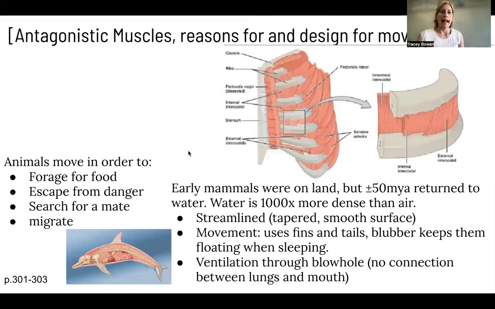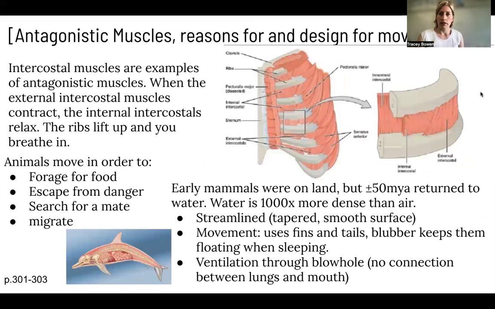So antagonistic muscles are muscles that work opposite one another. So your bicep and your tricep are antagonistic muscles. If you contract your bicep, your tricep has to be relaxed in order for your arm to bend, and vice versa. You contract your tricep to straighten your arm.